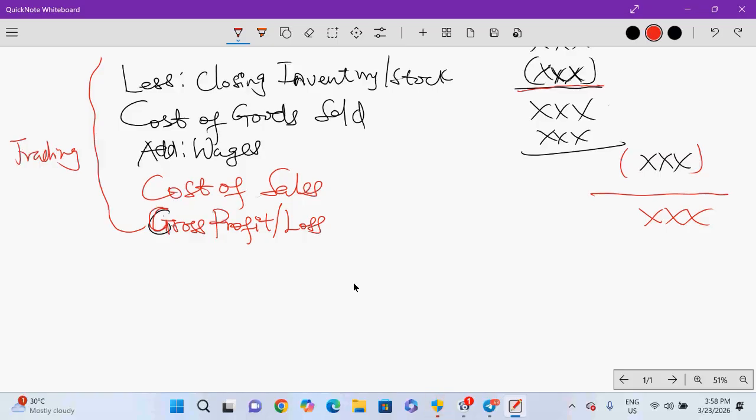Something like wages, which is direct wages, is related to the trading directly, so we bring it directly. But you can see a wages question too, and they'll tell you one fifth goes to operating expense, not the direct expense.